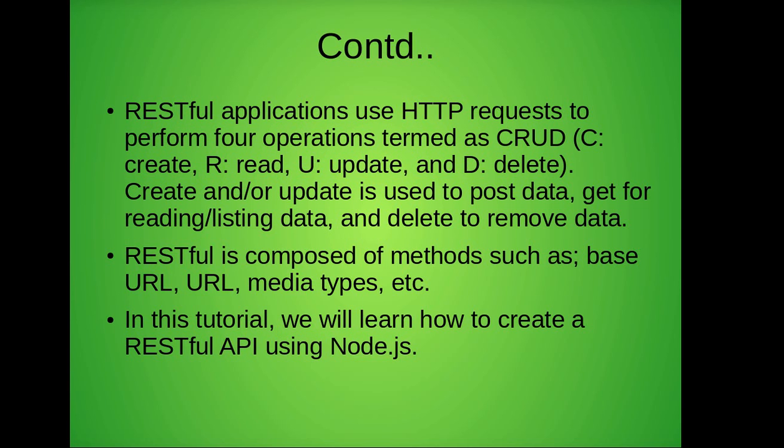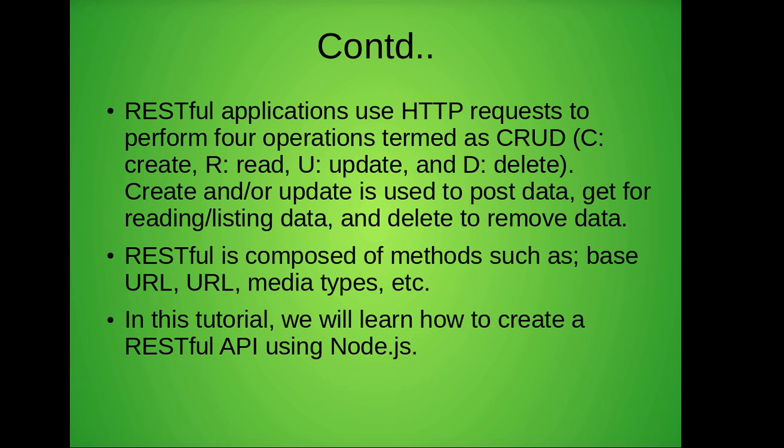And then we'll see some RESTful applications that are used by HTTP requests from sender to receiver. They perform 4 operations. We'll say CRUD. Here C is create, R is read, U is update, and D is delete.